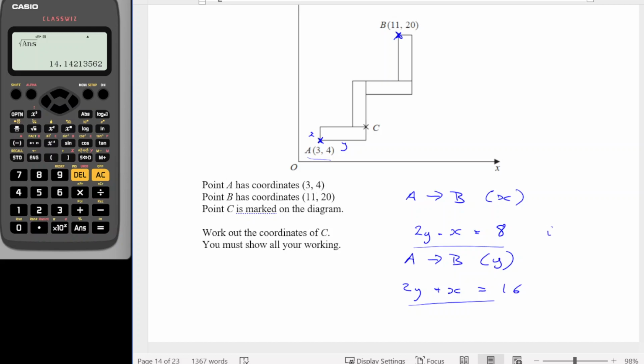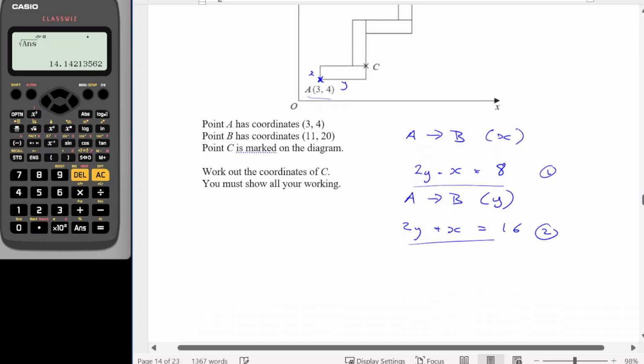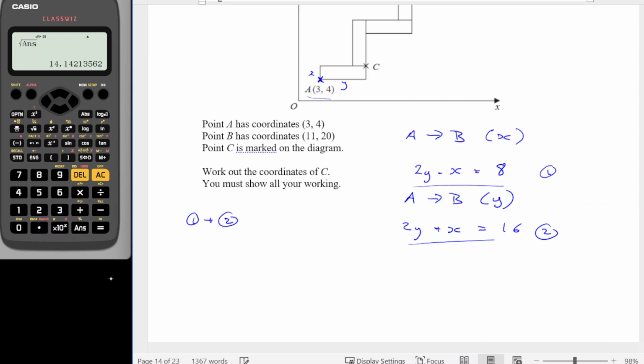So if I call that equation 1 and equation 2, if I add those two equations together, equation 1 plus equation 2, I get 4y is equal to 24, meaning that y is equal to 6.